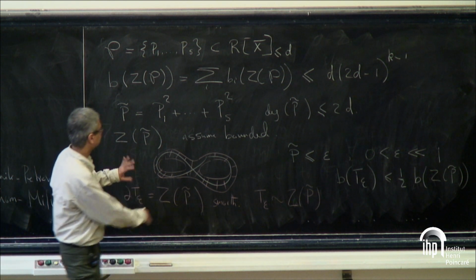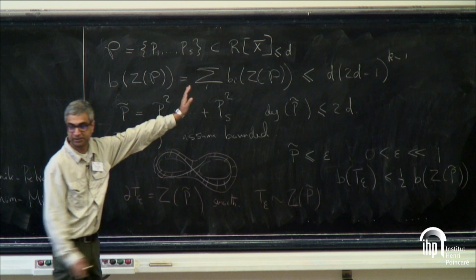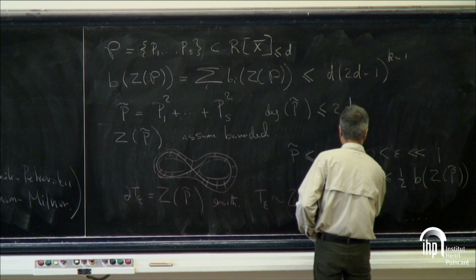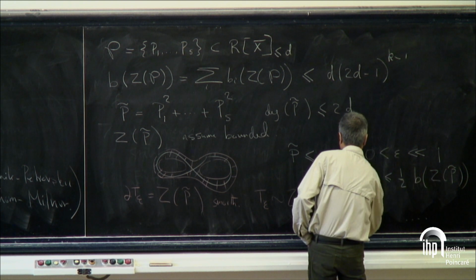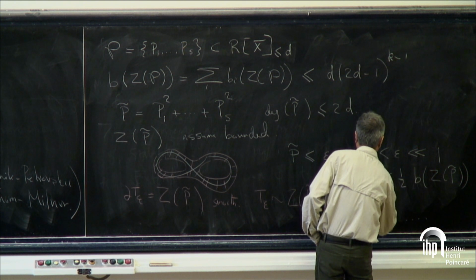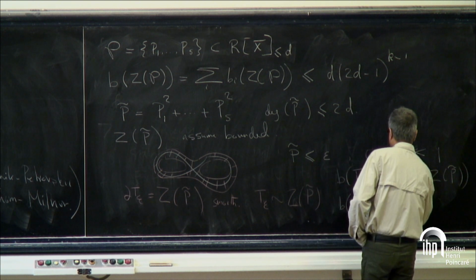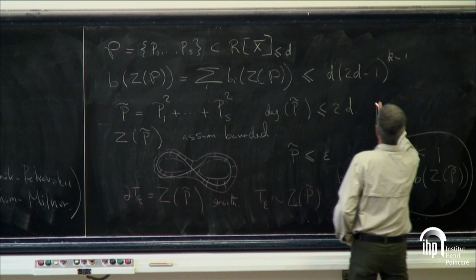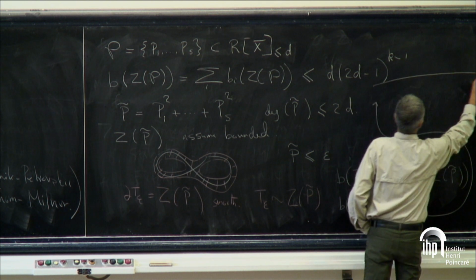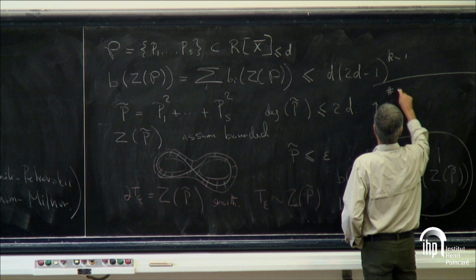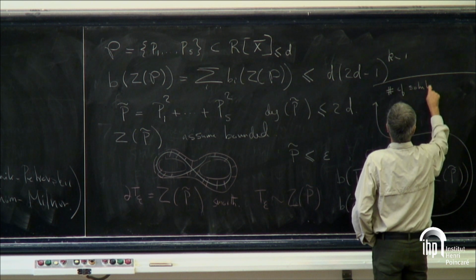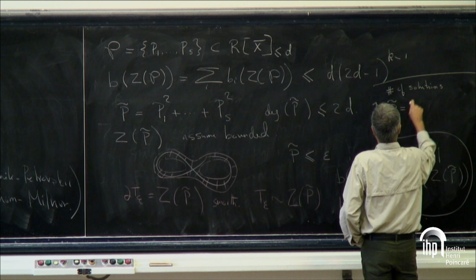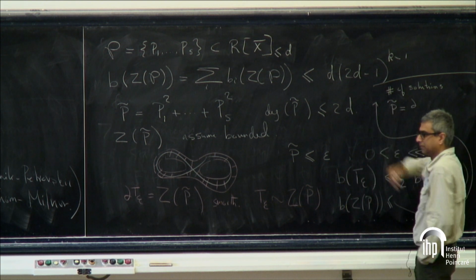So assuming after a change of coordinates that the x1 coordinate is a Morse function, you want to know this number, which is at most the number of solutions of the system, if I take x1 as my Morse function.